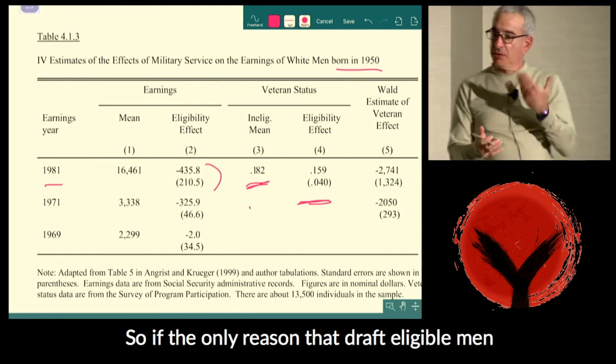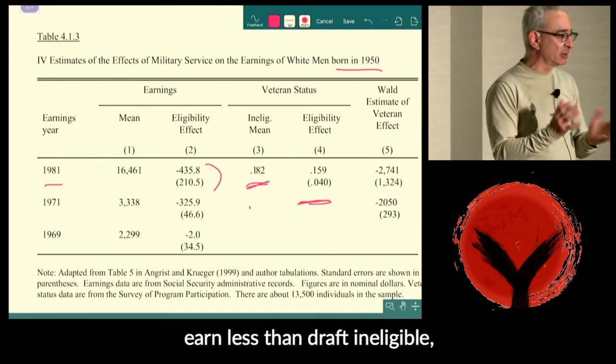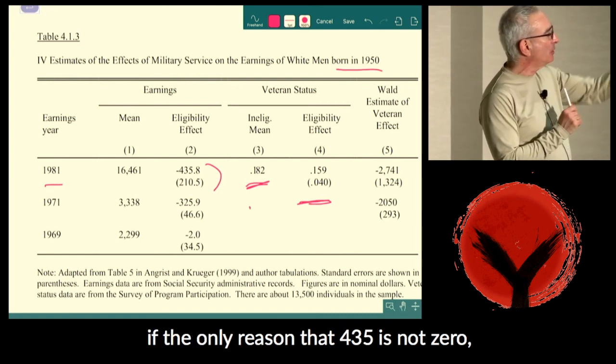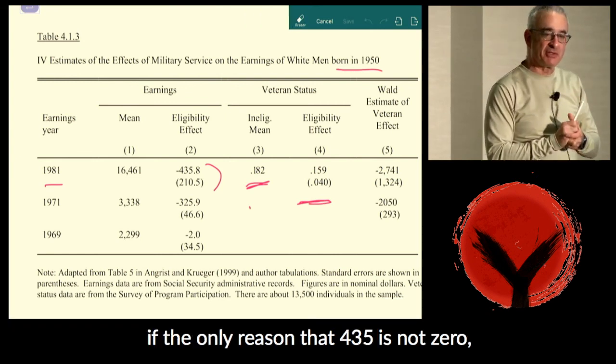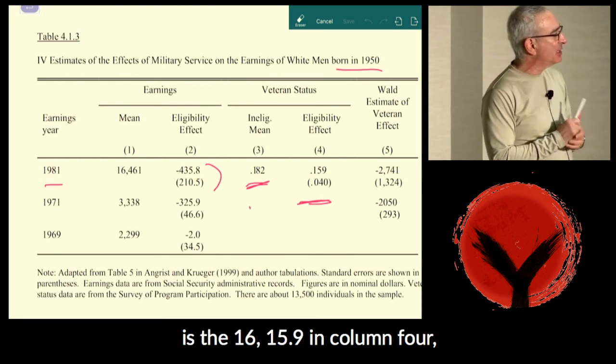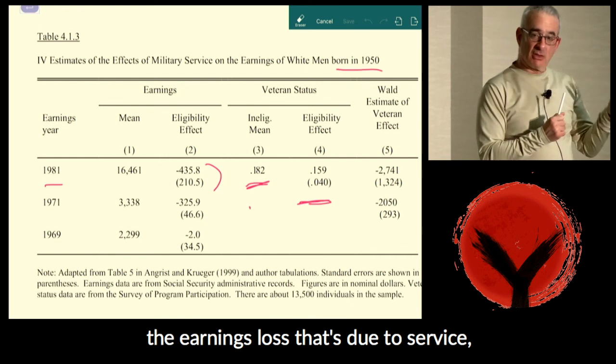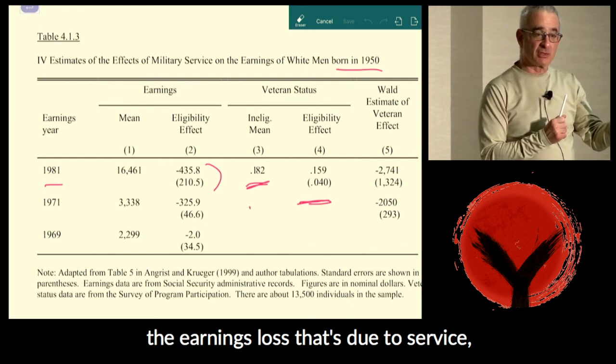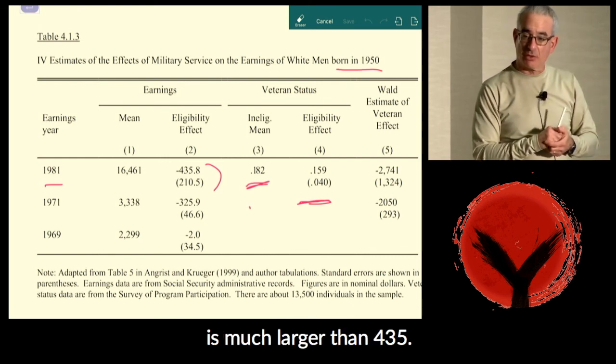So if the only reason that draft eligible men earn less than draft ineligible, if the only reason that 435 is not zero is the 15.9 in column 4, the earnings loss that's due to service is much larger than 435.